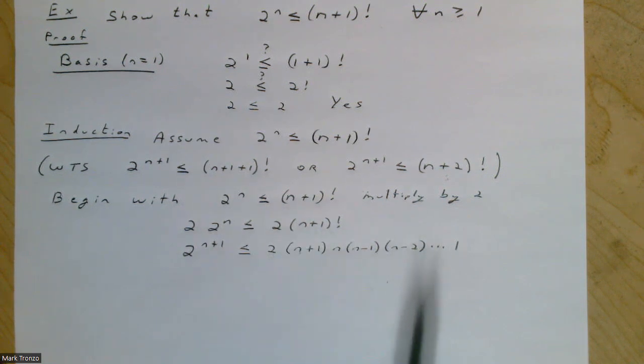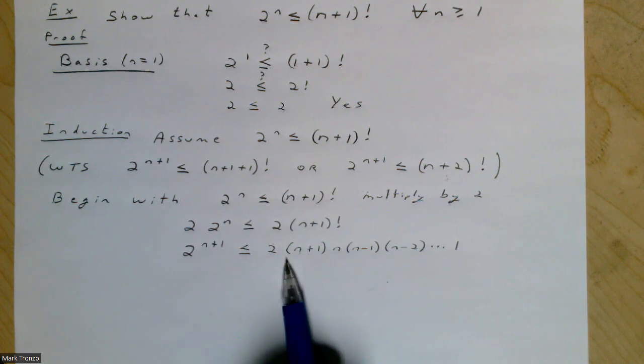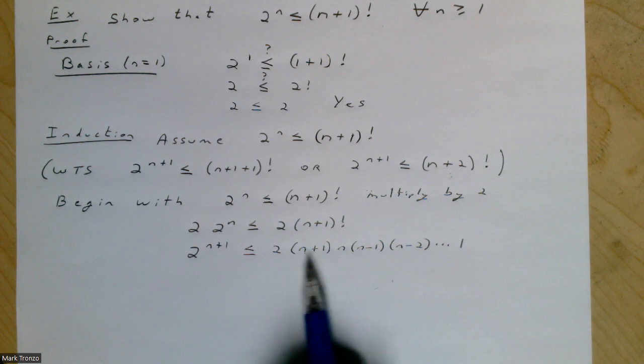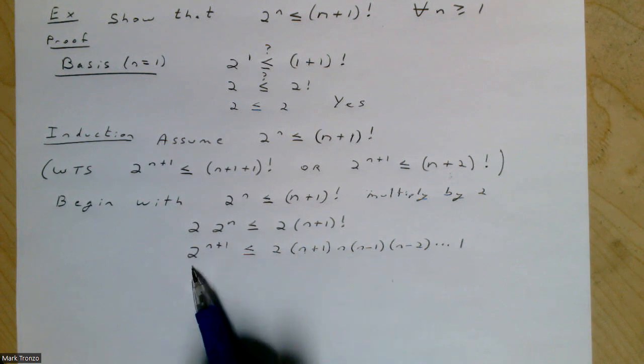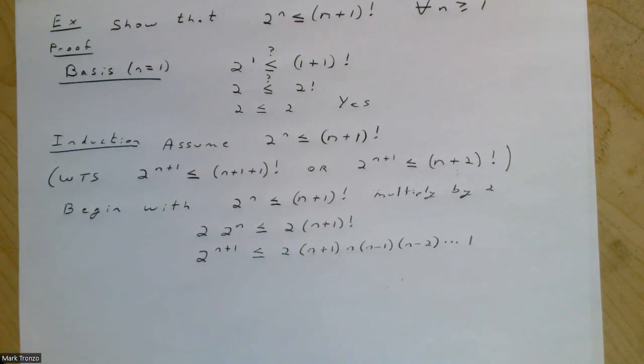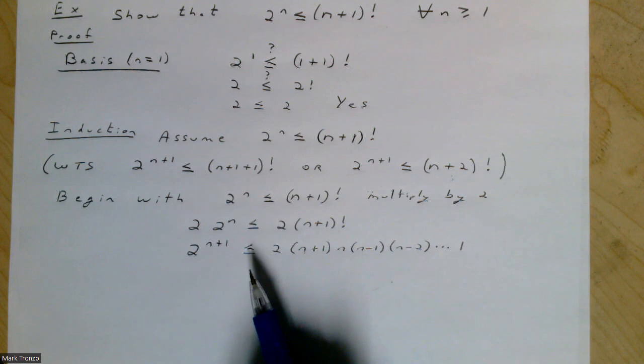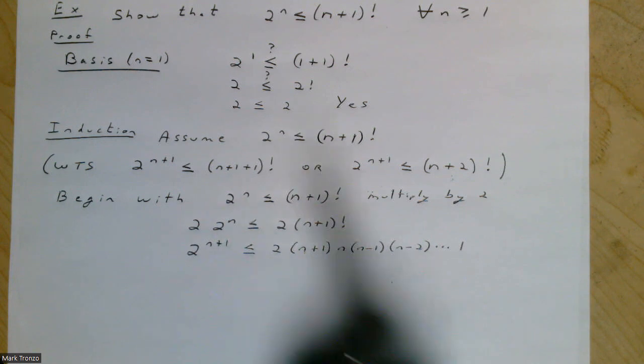Now, notice a couple of things: this side here is bigger than or equal to this side. So if we make this side bigger, it's still going to be greater than or equal to that side.